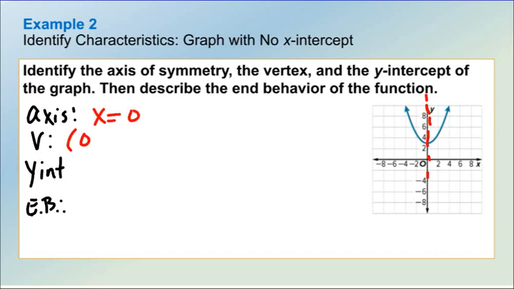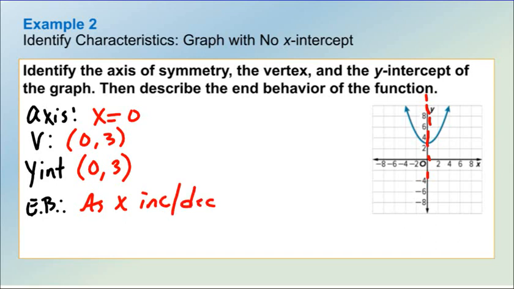So if x is 0, our vertex is at 3. That's also our y-intercept; our y-intercept and our vertex are the same. End behavior, as x increases and decreases, it now opens upward, so our y increases. The arrowheads are pointing upward.